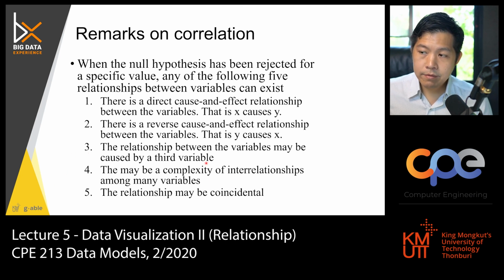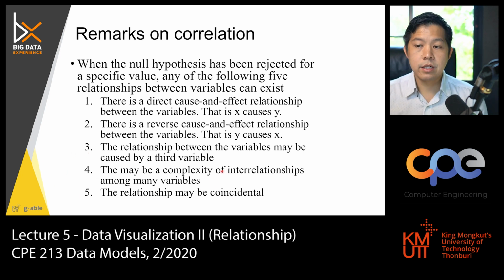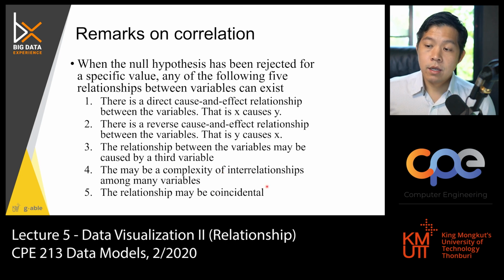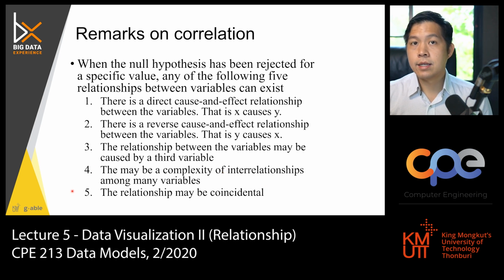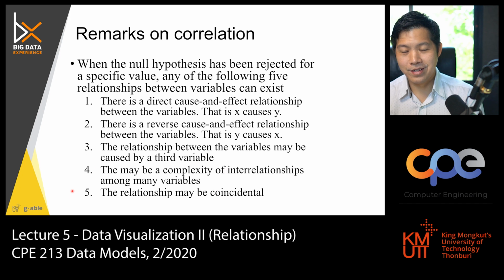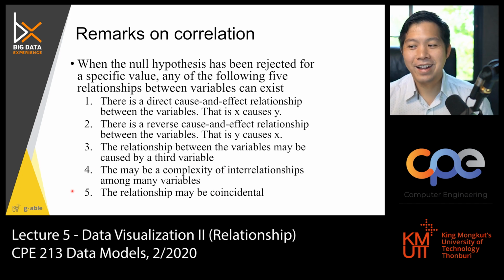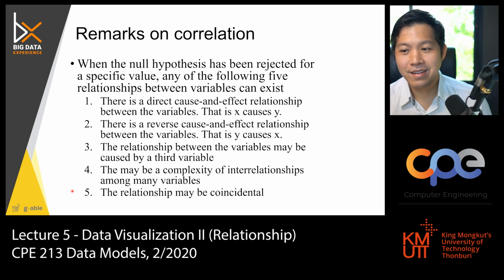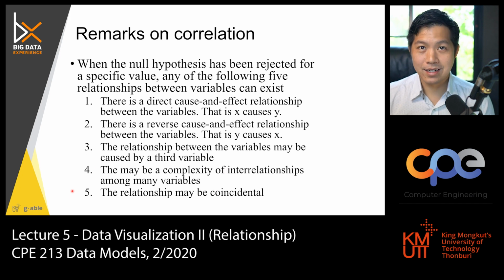Or there might be a complex interrelationship among variables and other variables as well, not just the two that you are considering. This might be just the end result. Or the last possibility is that the relationship might be coincidental, meaning it just happened by accident.